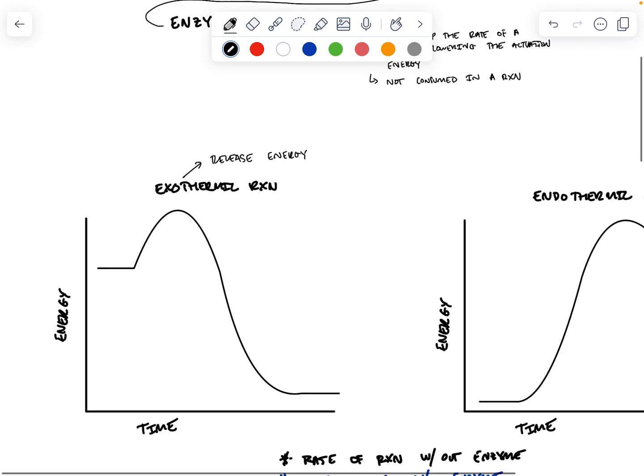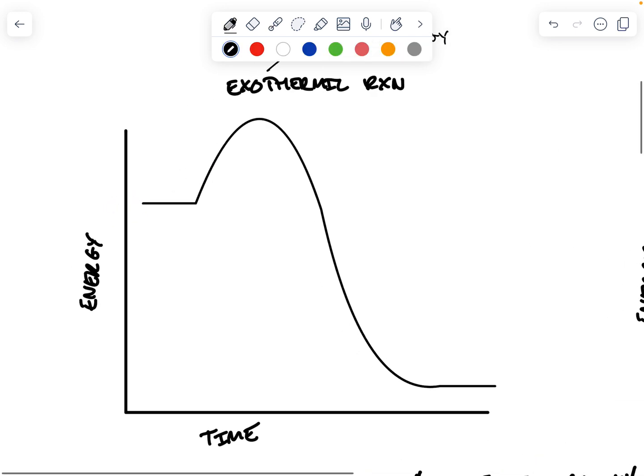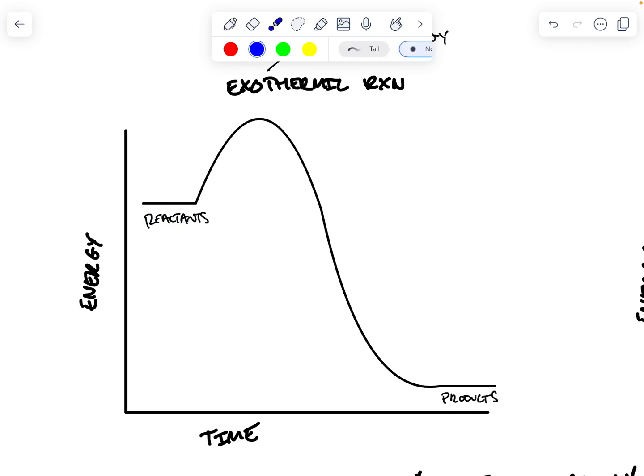When we look at the overall energy of the inputs, the reactants, compared to the energy of the products, we see that the reactants have higher energy than the products.